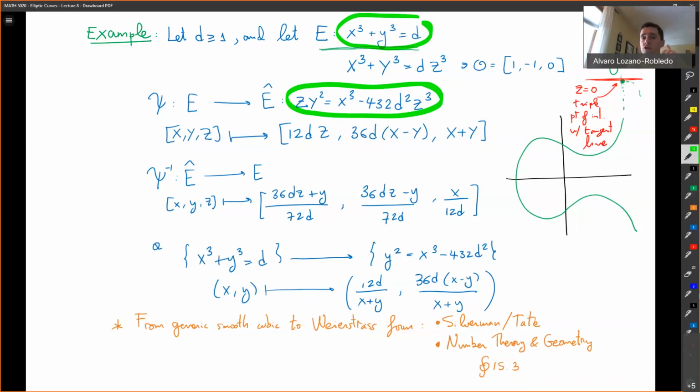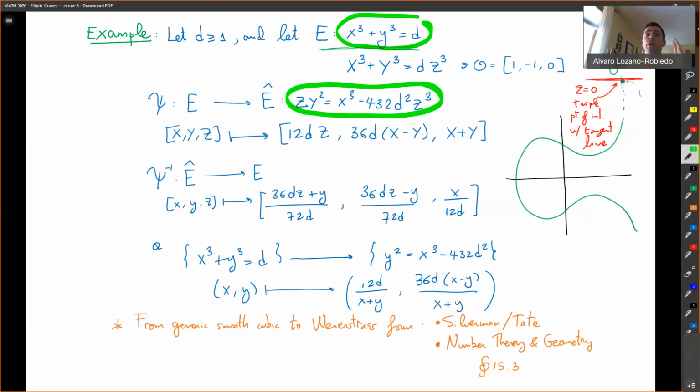So that's why I actually use the word model for it, because in my view, there is a curve, but for curves in projective space, what you see is what sort of equation you pick for it.